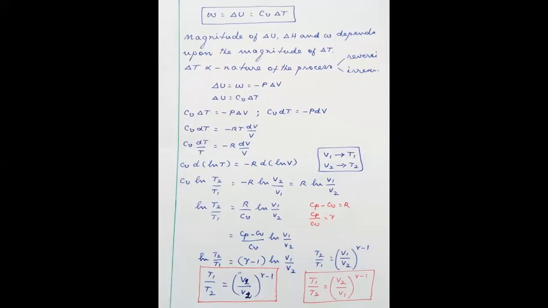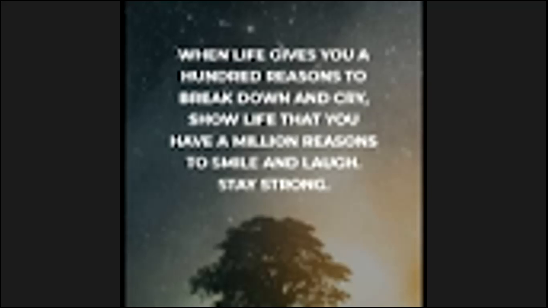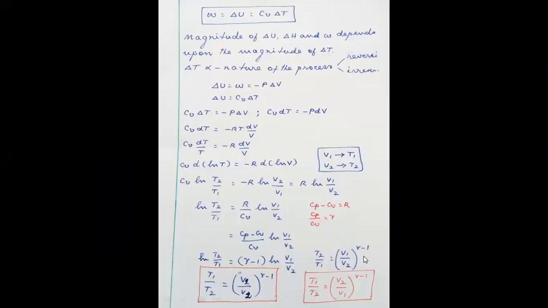Watch very closely. The delta U is equal to W. W is equal to minus P into delta V in the case of expansion. So watch carefully here, the network is interrupting a little bit.